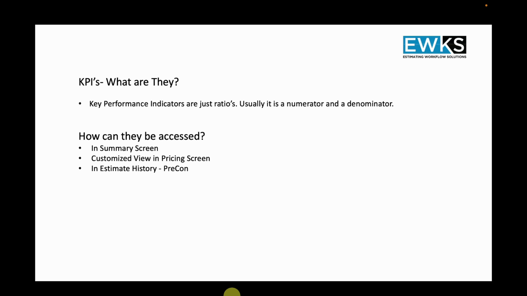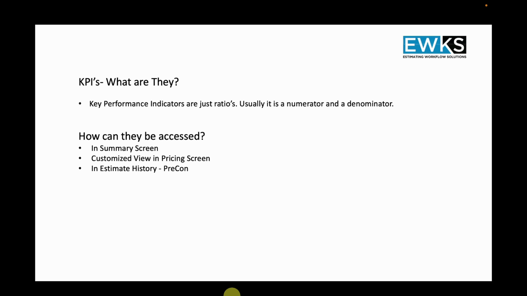So how can they be accessed? Well, first of all, they're set up in the summary screen, and we're going to go through that process today. Also, you can see a customized view in the pricing screen. You can see your customized KPIs, and there are already some KPIs there, as you know: the percentage of cost or markup, percent markup, and also the margin.